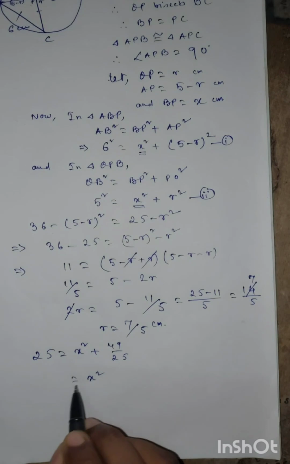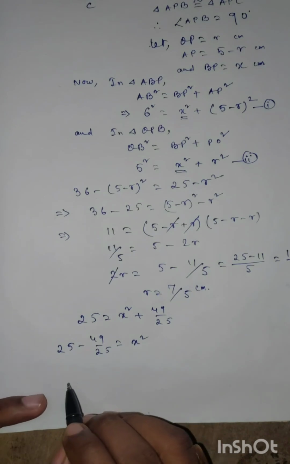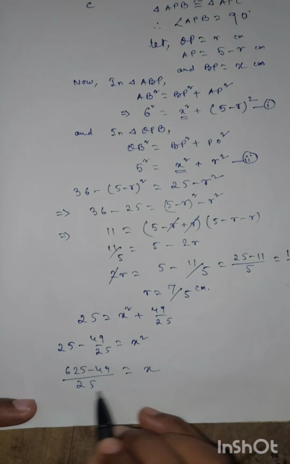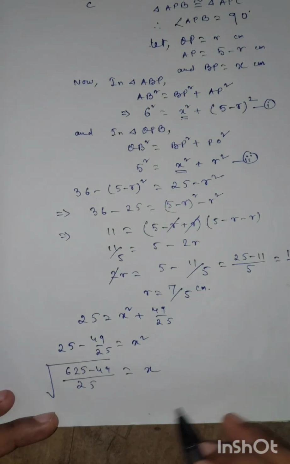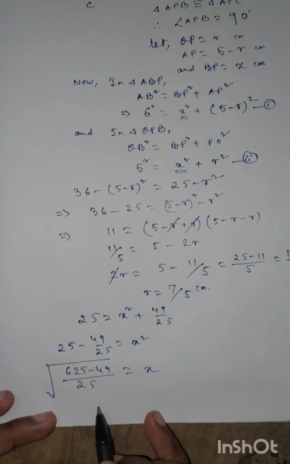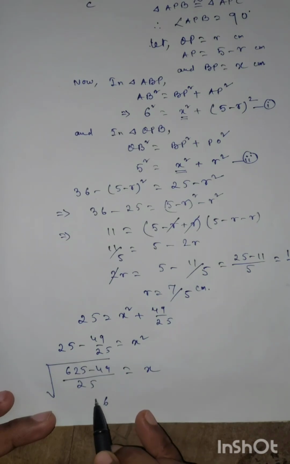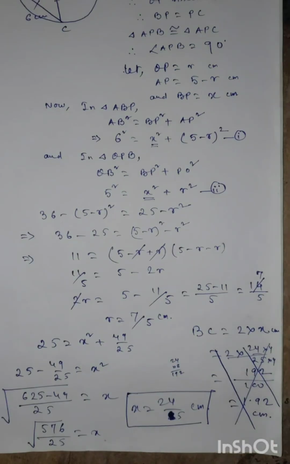So x square is equal to... so the value of x we are getting is 24 by 5.